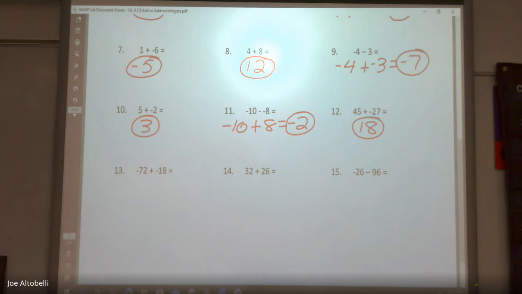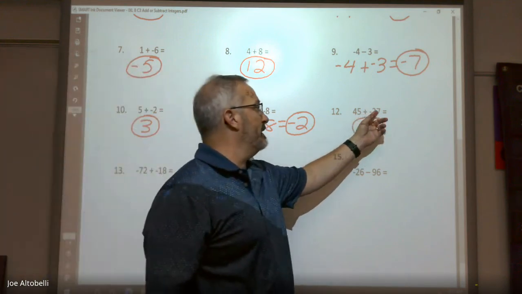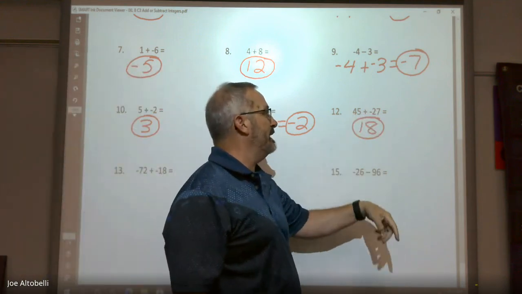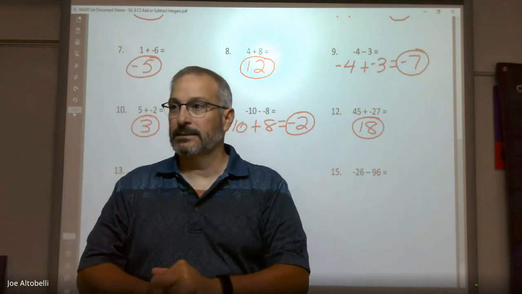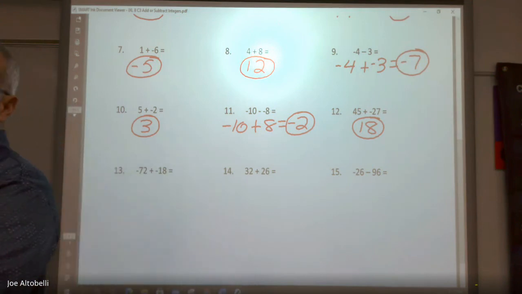You might have just subtracted the 27 from 45 incorrectly, because the common answer for people to put there is 28, instead of 18. Some people put 12 as well, but again, that's wrong. So 18. All right, go ahead, 13.